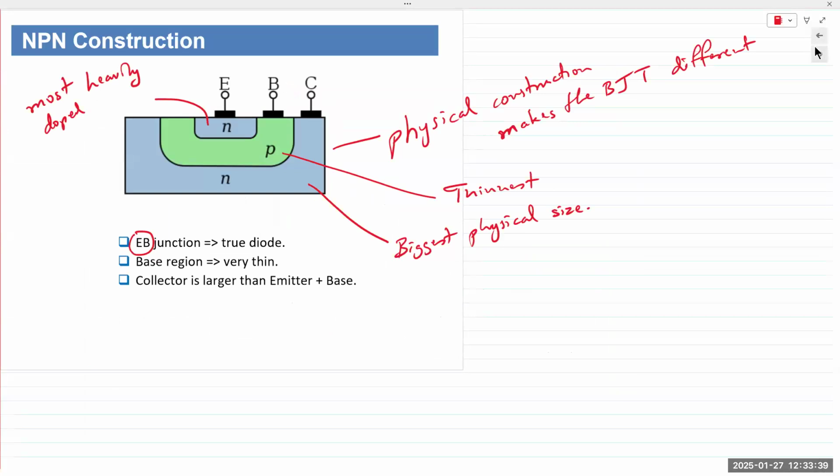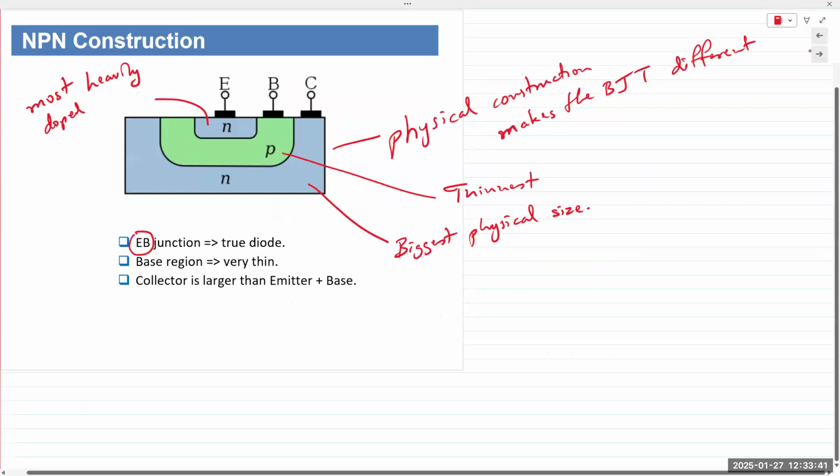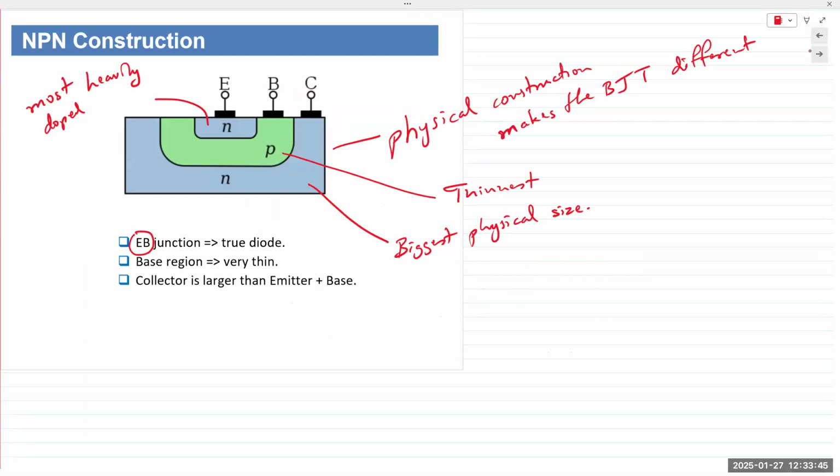I'll recap the physical structure one more time. A regular PN junction diode is made from a P-type and an N-type material. When we connect two PN junctions together, back to back, we get what is known as a bipolar junction transistor, BJT. This is a side view or a cross-sectional view.